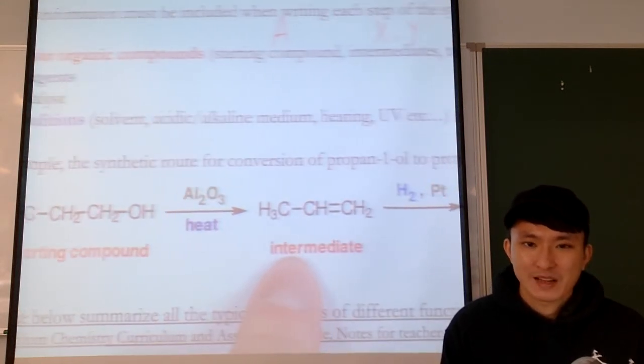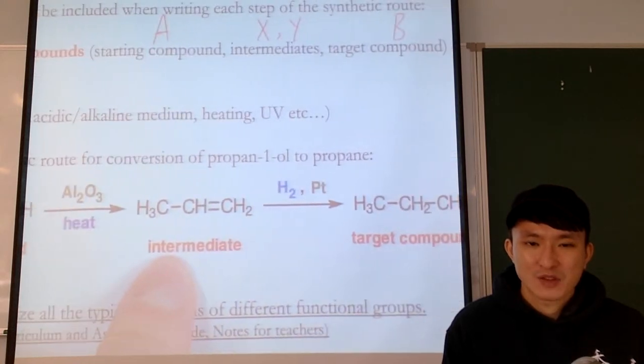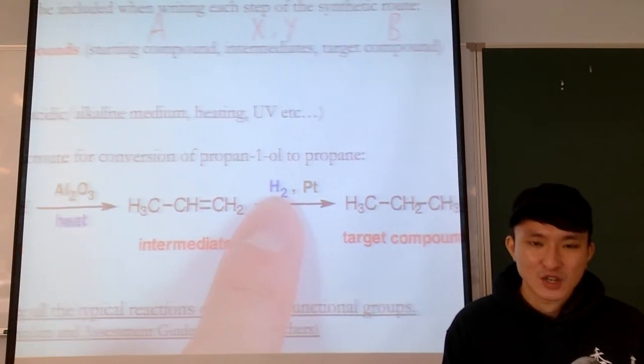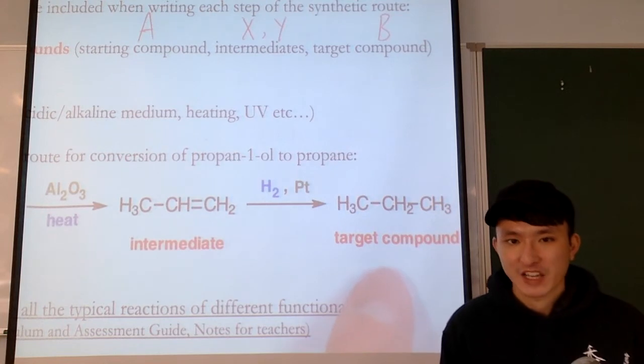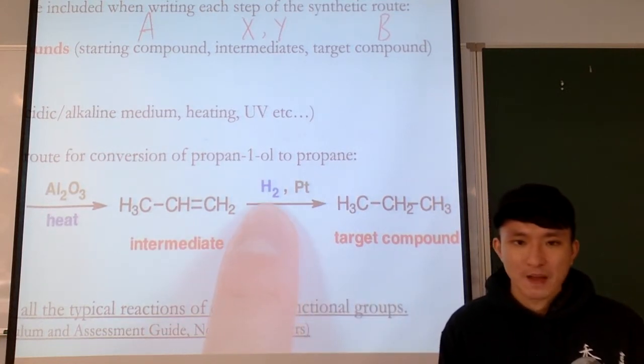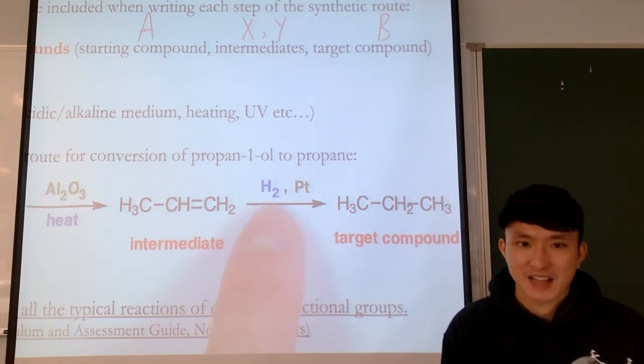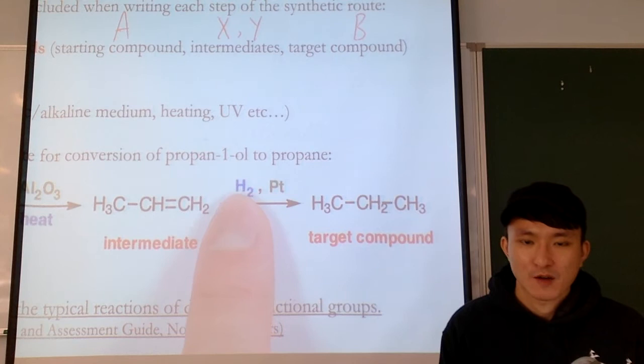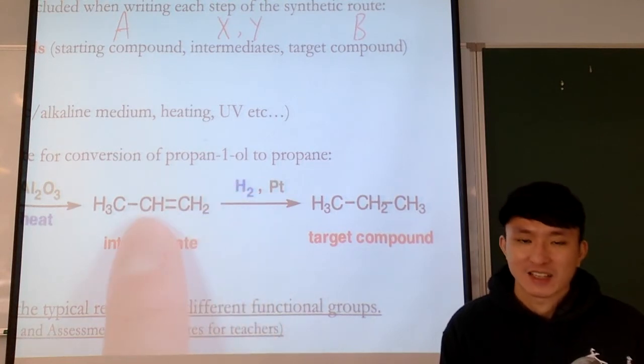Then what we're gonna do with the propene is that we use hydrogen to perform the hydrogenation, which is a type of addition reaction. So hydrogen is the reagent because the hydrogen actually reacts with the propene to form the propane. As a matter of fact, the hydrogen will be added into the carbon, okay?